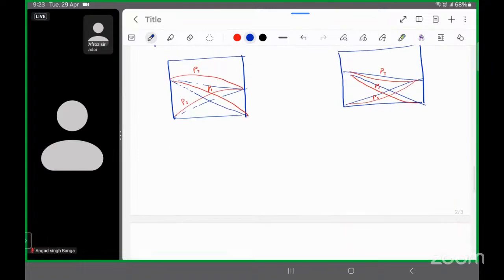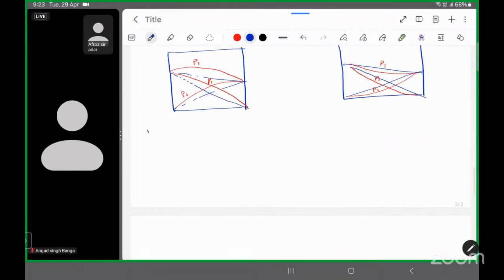See, in positive deviation, vapor pressure is higher. That is visible in the Raoult's law diagram. Vapor pressure is the pressure exerted by the vapor, and vapors are formed when the molecules of liquid escape, and they escape when the intermolecular forces are weaker.